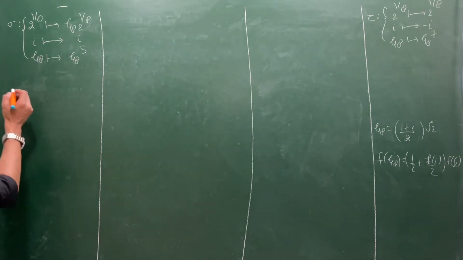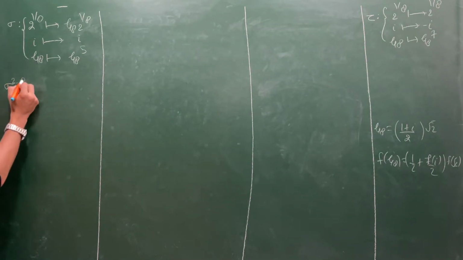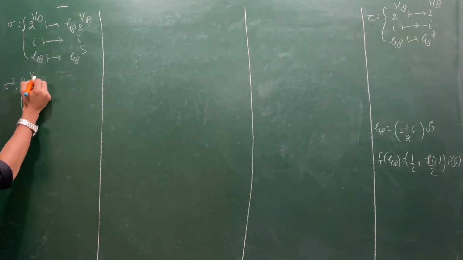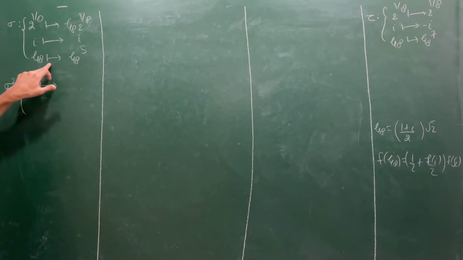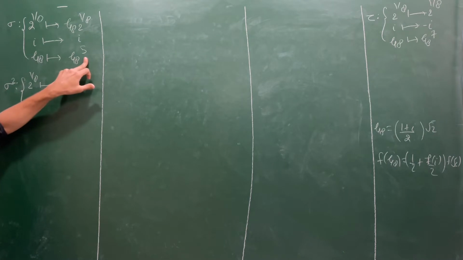Let's see. If you compute σ², so 2^(1/8) will go to, if you operate σ on this element again, then ζ8 is going to ζ8 to the power 5.